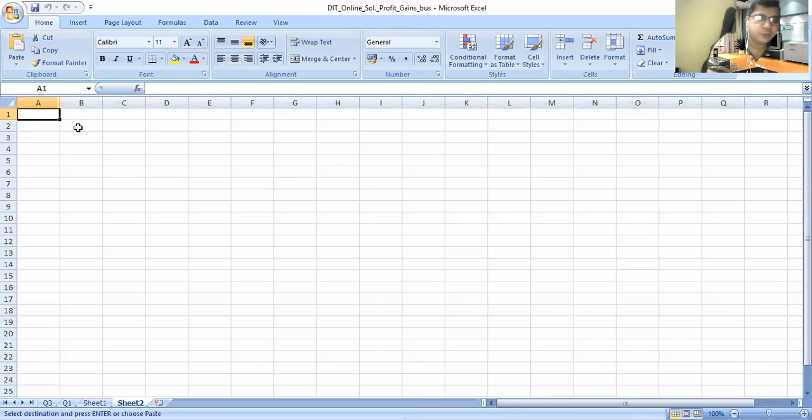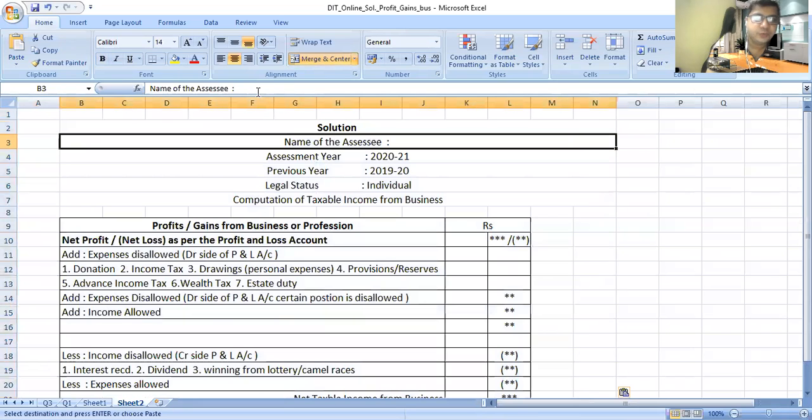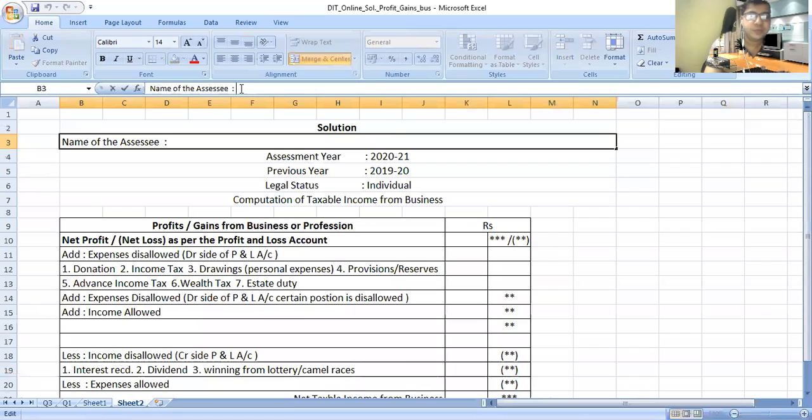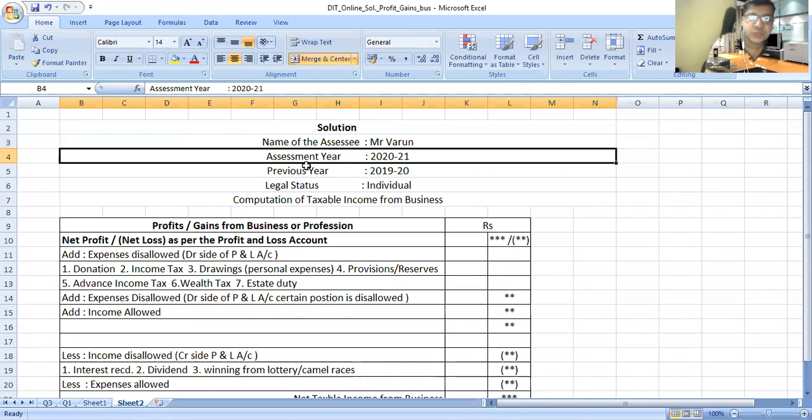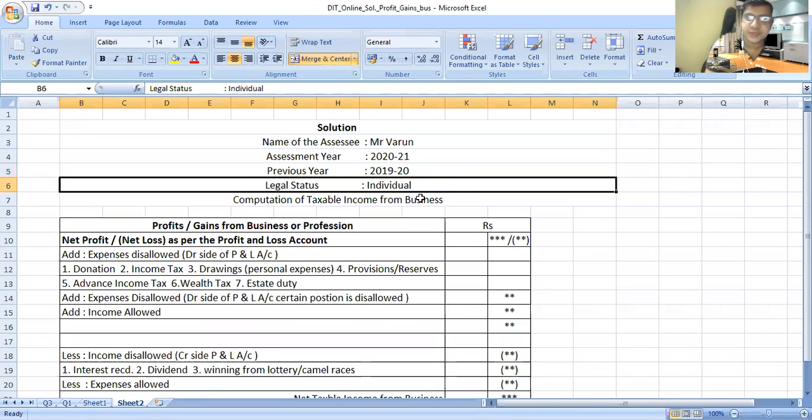Whatever rules are there, these similar rules we have to apply whenever we have to calculate any kind of income, business income. Now, here we have to write the name of the assessee, Mr. Varun. Assessment year 2020-21, previous year 2019-20, legal status individual.